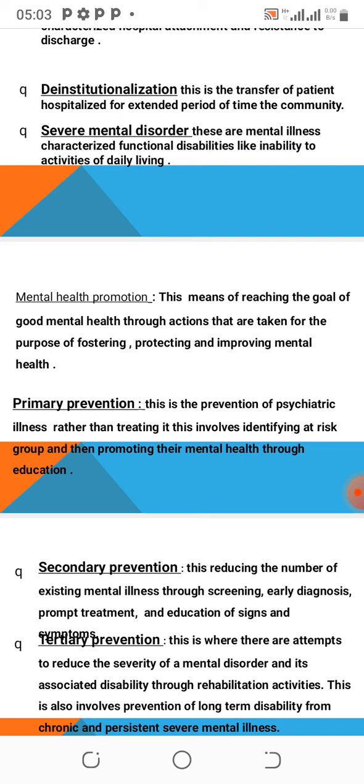Okay, we come to primary prevention. This is the prevention of psychiatric illnesses rather than treating them. So this involves identifying at-risk groups and then promoting their mental health through education.